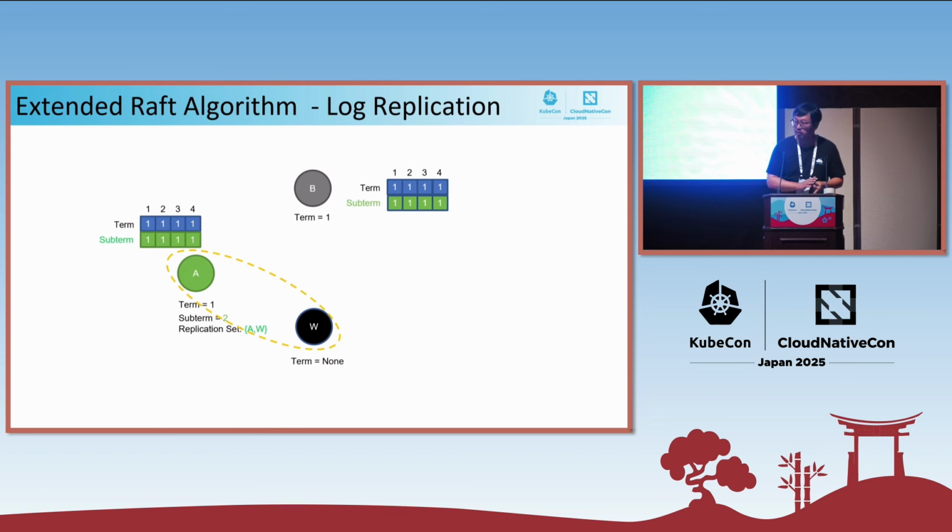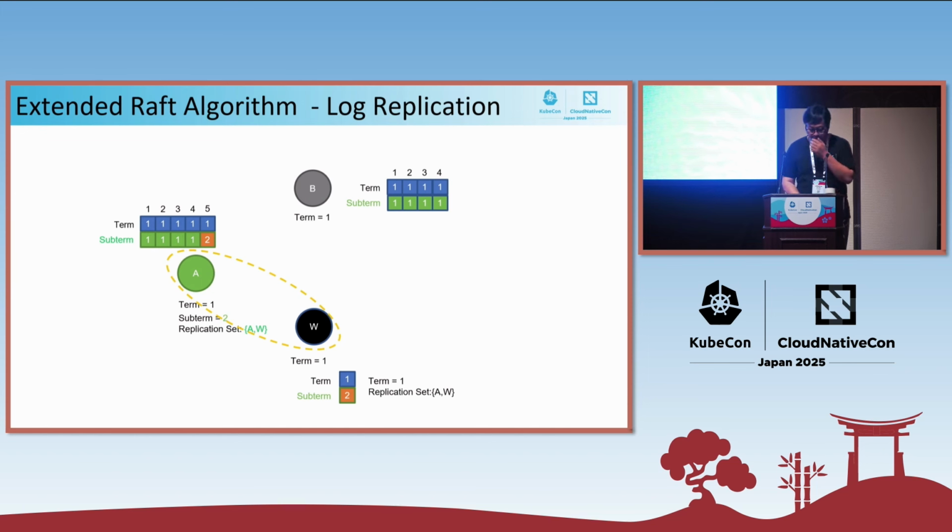And it will write the term, subterm, and replication set to the witness. The success of this write will be considered as an acknowledgment from the witness. And as in Raft, the leader will commit it upon quorum acknowledgments. So far, it's very similar to Raft.